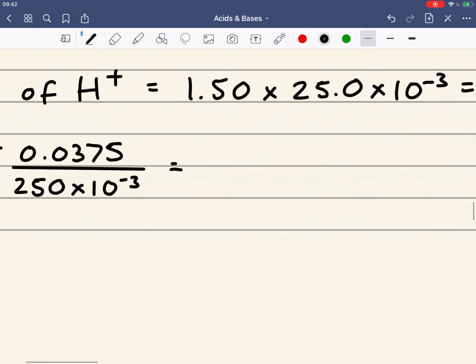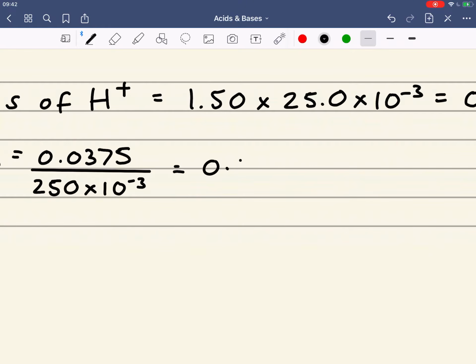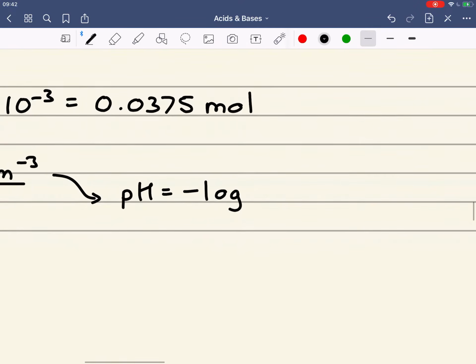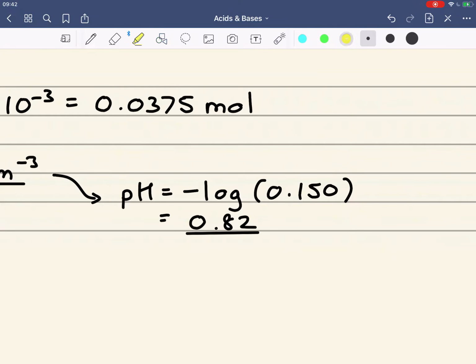That gives me 0.150 moles per decimetre cubed. And obviously if I want to work out the pH, it's minus log of the hydrogen ion concentration. So it's minus log of 0.150. That gives me a pH of 0.82 to 2 decimal places.